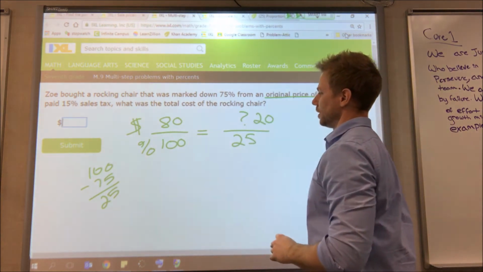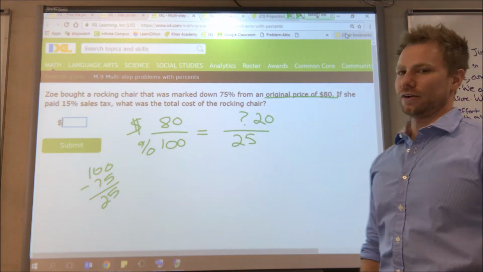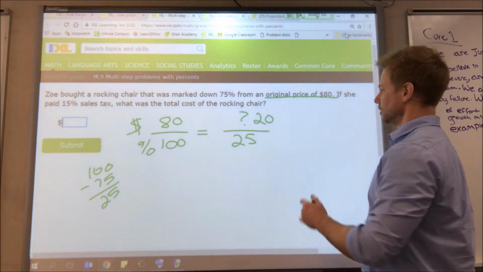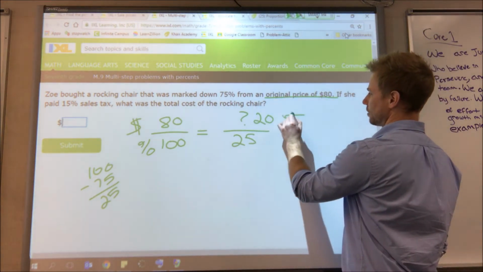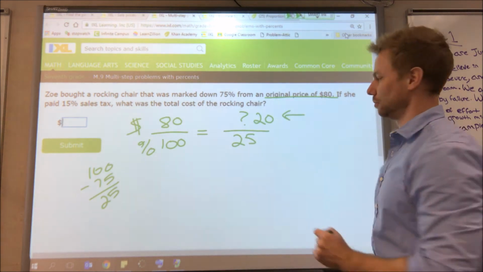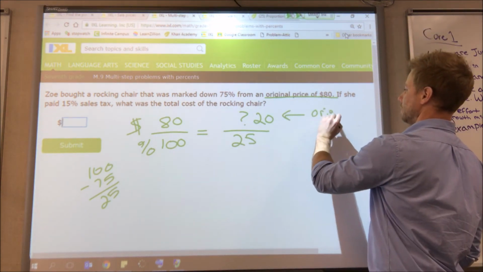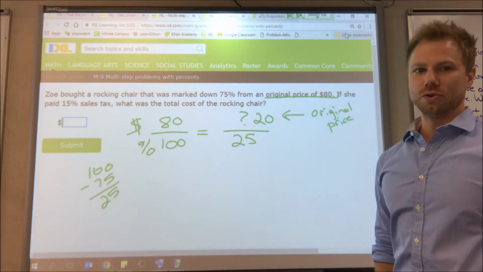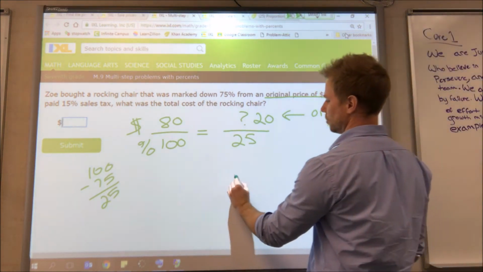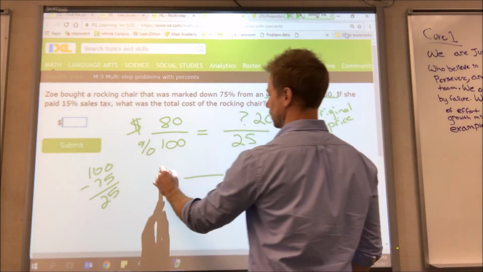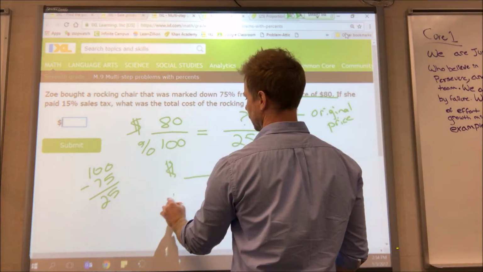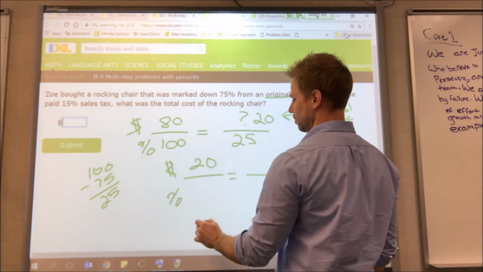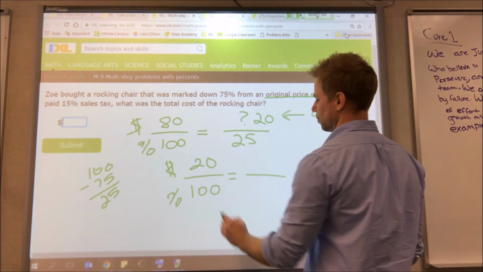Okay, cross multiply, divide. Now we have to figure out how much she paid total, including tax. Now our original price for the second part of the problem is 20. 20 is our new original price. So when I set up my second proportion, we have money, we have percent. $20 is the original price, so it's with 100%.